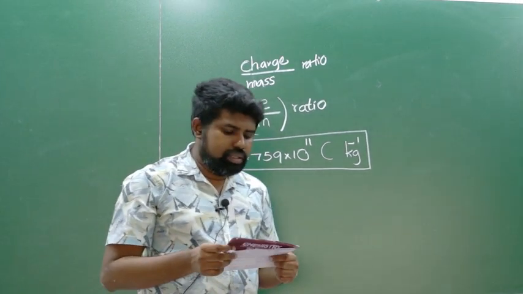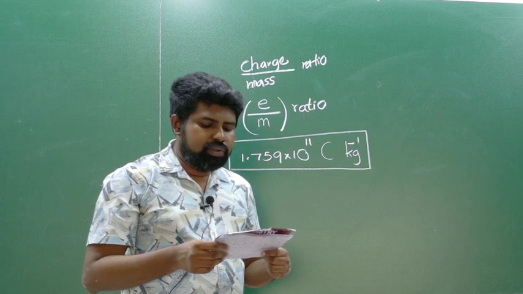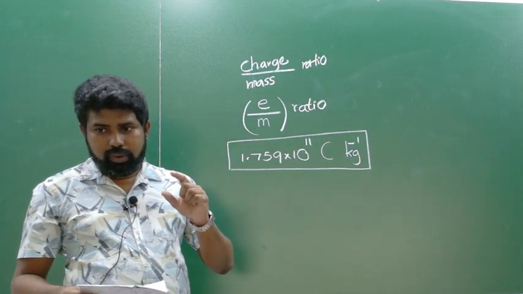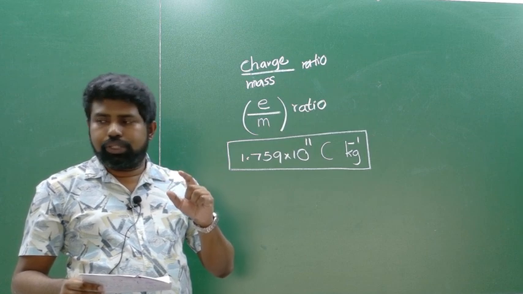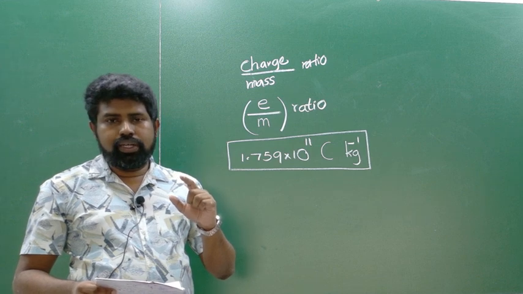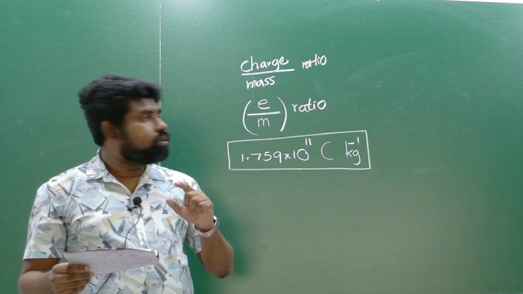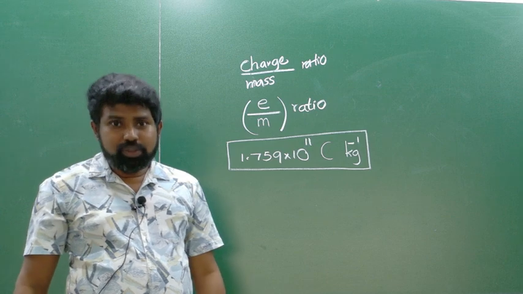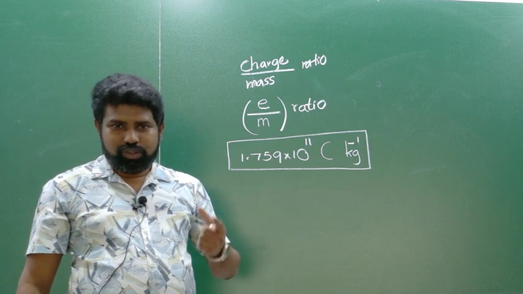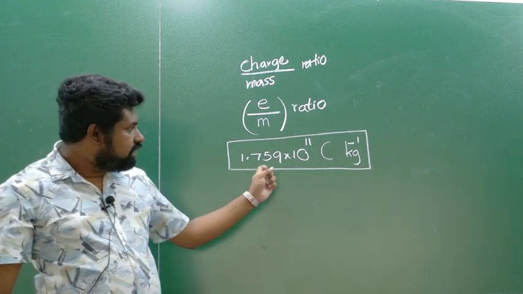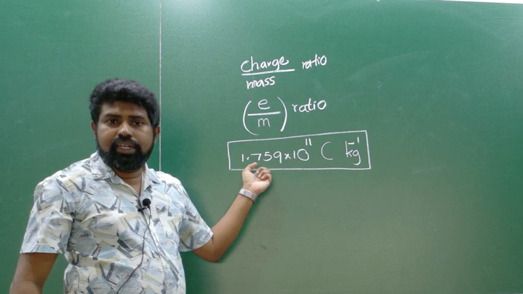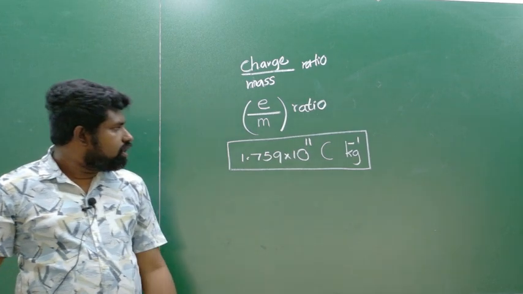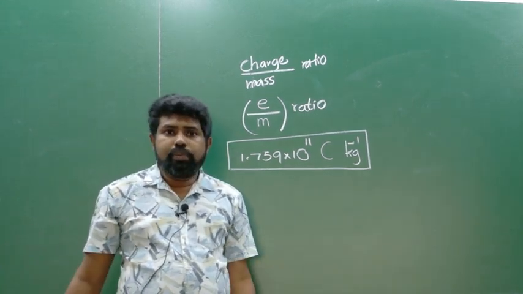Write down: the experimental value for e over m ratio for cathode ray particles is 1.759 times 10 to the power 11 coulombs per kilogram.